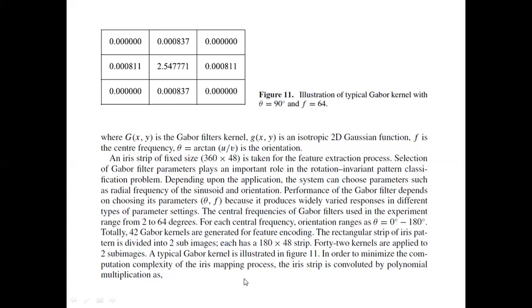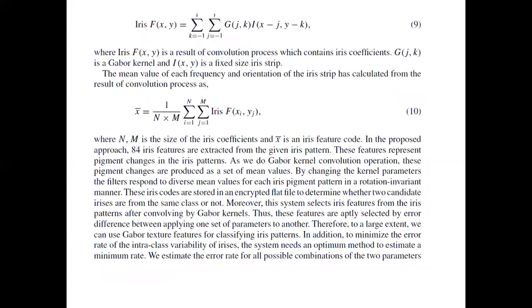In order to minimize the computational complexity of the iris mapping process, the iris strip is convolved by polynomial multiplication. So finally the iris features are obtained with this convolution operation. Then the mean value of each frequency and orientation is calculated from the result of the convolution process.